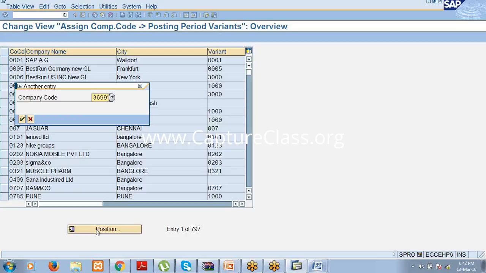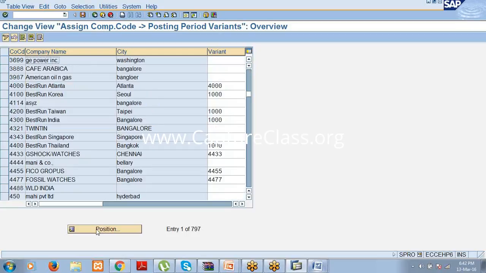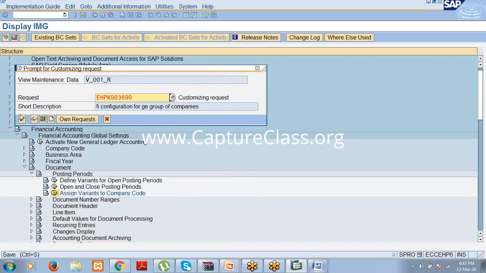Company code is 3699. Click on enter. Variant is equal to 3699. Click on save.